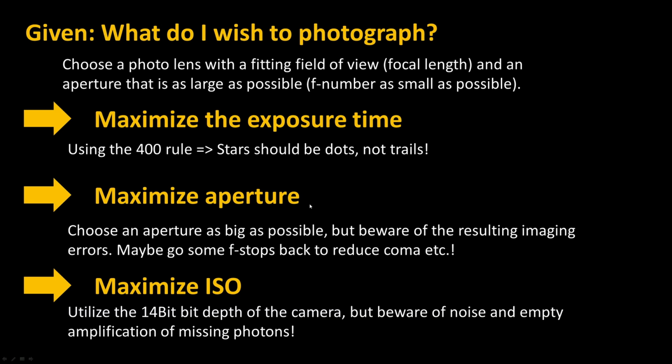And then you choose an aperture, and an aperture that is as maximal as it could be without creating imaging errors. So if you have a f1.4 lens, typically it's not wise to use 1.4, but to use 1.8 or 2.0 or 2.2 or something, just to reduce the imaging errors.